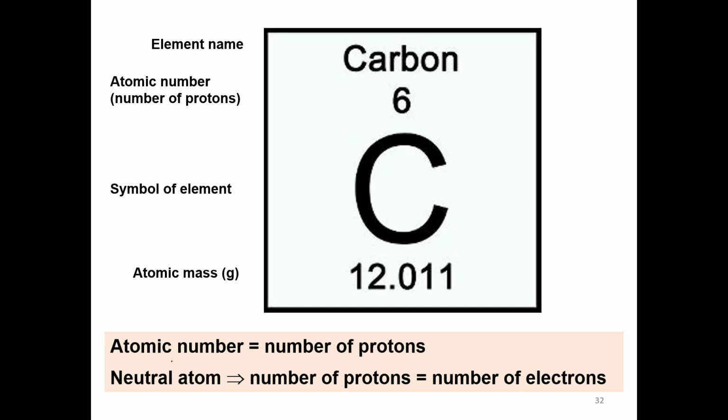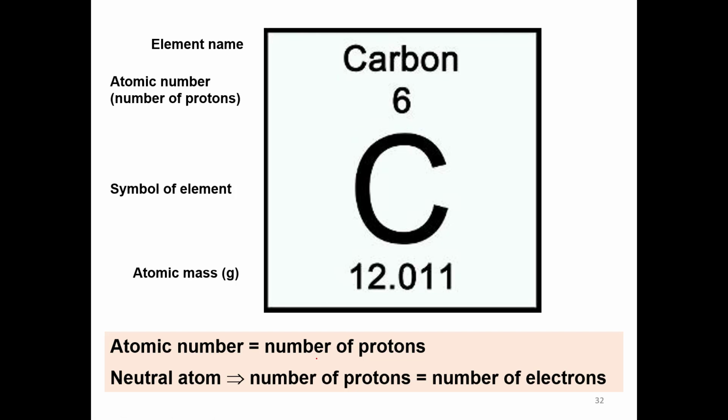One more thing is important for you to identify in the periodic table. This corresponds to the symbol of the element, which will be carbon, corresponding to C. The 6 corresponds to the atomic number. The atomic number is the number of protons, and in a neutral atom, the number of protons equals the number of electrons.